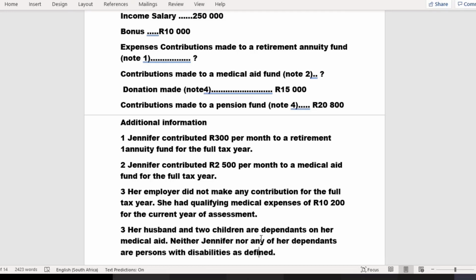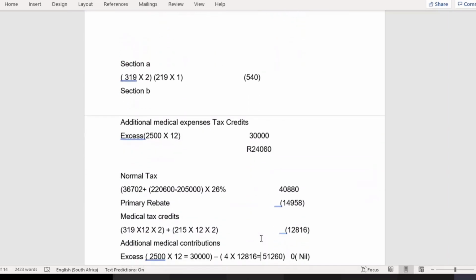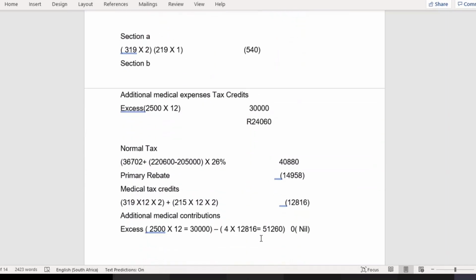So that will be part of your addition. The assumption would be that she has bought additional medication over the counter. Then you put it here, your additional medicals, with an amount of 10,200 rand.